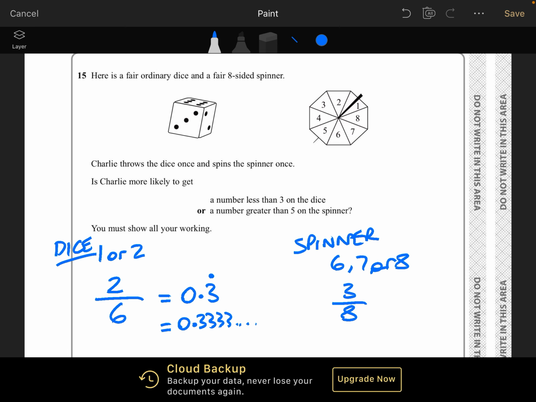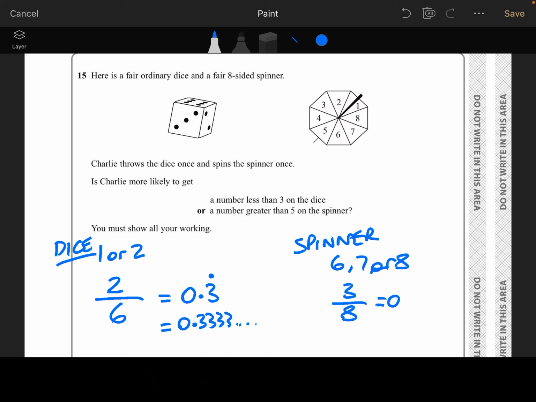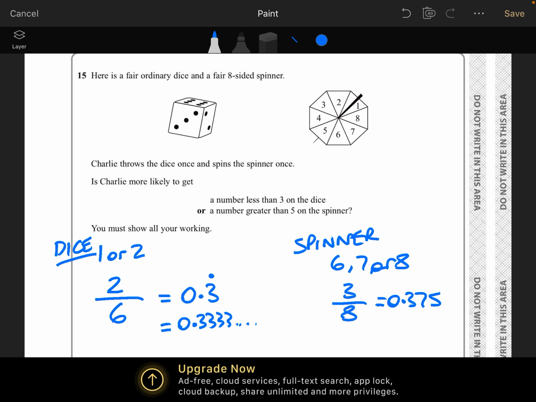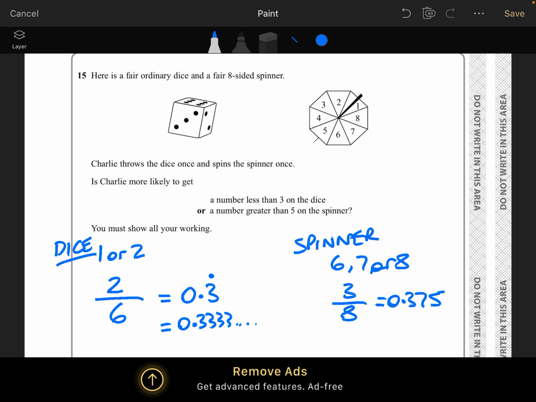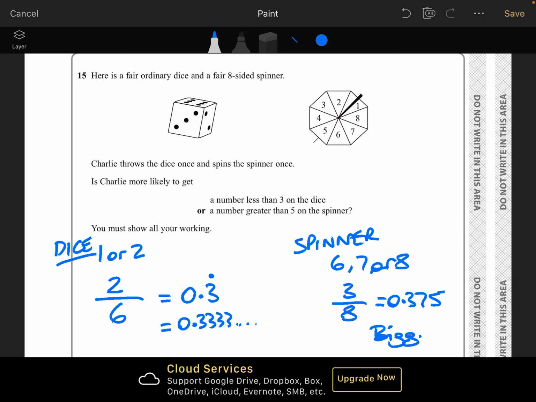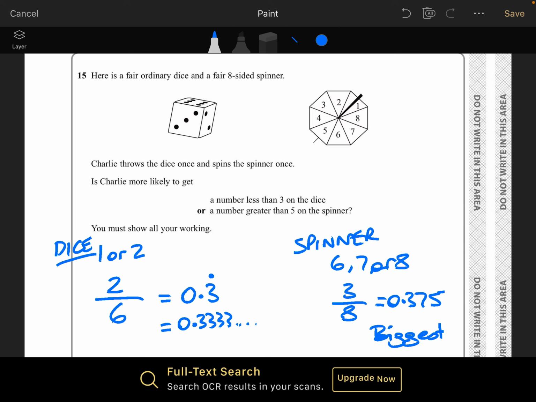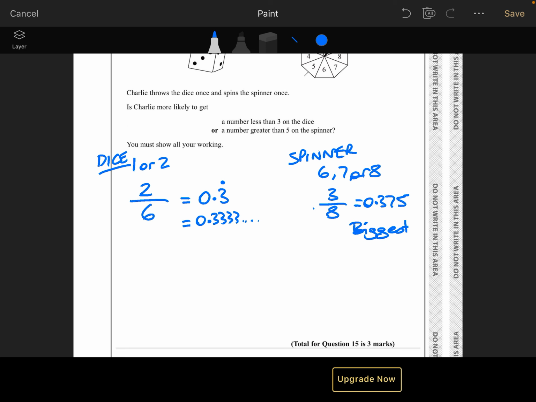On the spinner, I want to put 3 over 8 in there, equals, SD gives me 0.375, and this is the biggest. 0.375 is greater than 0.3333, so he's more likely to get a number greater than 5 on a spinner.